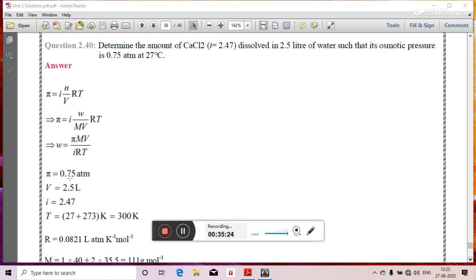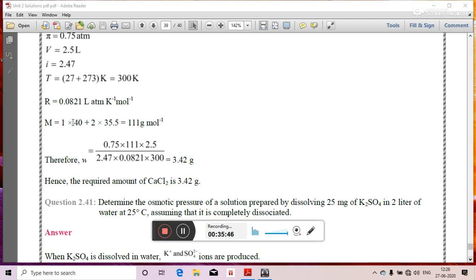Now pi is given as 0.75 atmosphere, volume in liters is equal to 2.5 liter, van't Hoff factor i equal to 2.47, capital T, that is Kelvin temperature, equal to 27 plus 273, that is equal to 300 Kelvin, R equal to 0.0821 liter atmosphere per Kelvin per mole, molar mass of the solute calcium chloride equal to 40 plus 2 times 35.5 equal to 111 gram per mole.